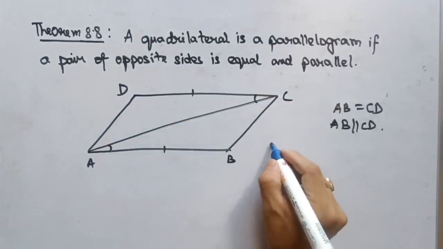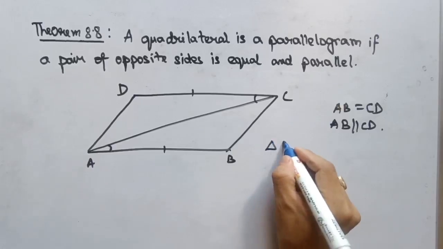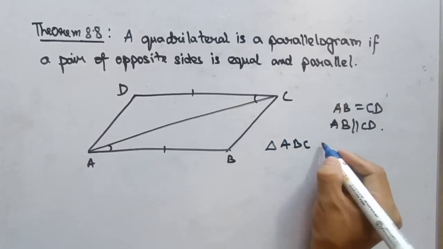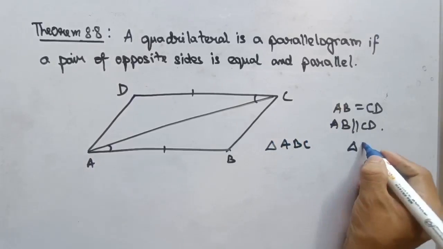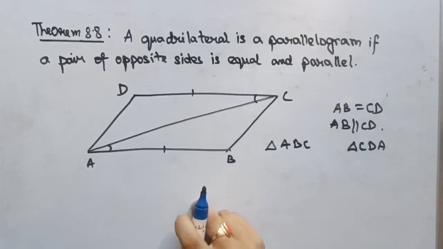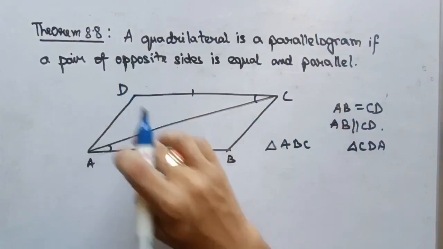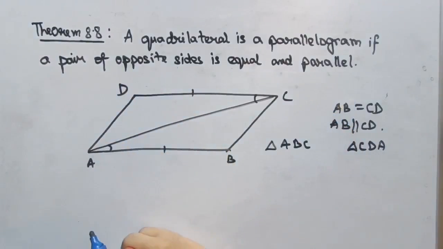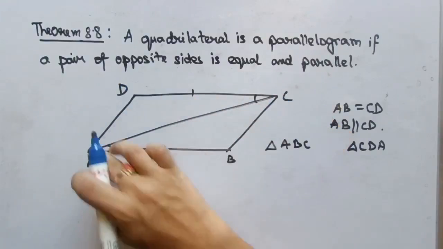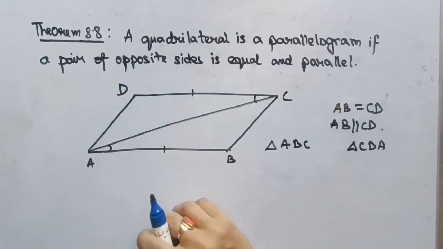Now, in triangle ABC and triangle CDA, side AB is equal to side CD and side AC is common to both triangles, and angle BAC is equal to angle BCA. These are the alternate angles.